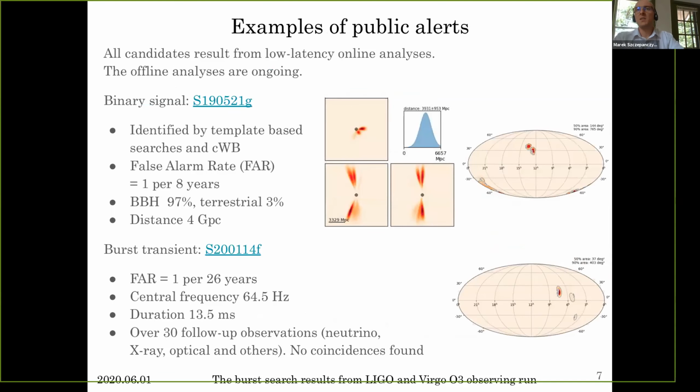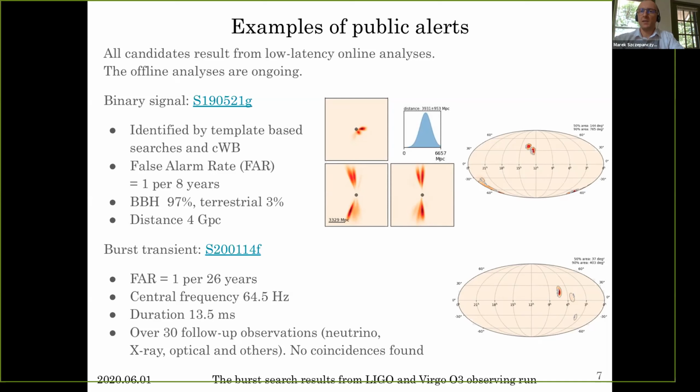Let me give you an example of a public alert. The first one is from May 21st last year. This was identified by both template-based searches and coherent WaveBurst. Its false alarm rate is 1 per 8 years. It has a 97% chance of being a black hole, and the distance is pretty far, around 4 gigaparsecs.